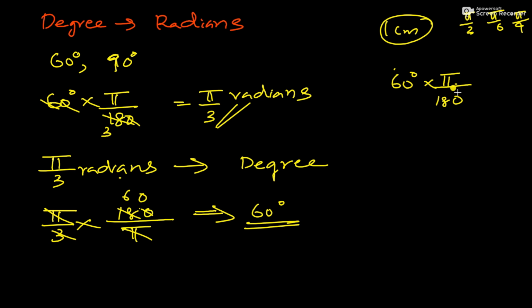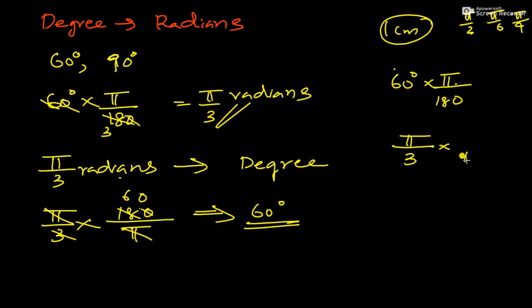So just in the opposite scenario, you need to convert pi by 3 radians into degree. Just think of it like in degree there won't be any pi terms, so you need to cancel the pi.